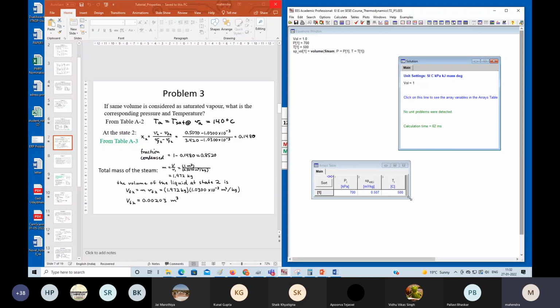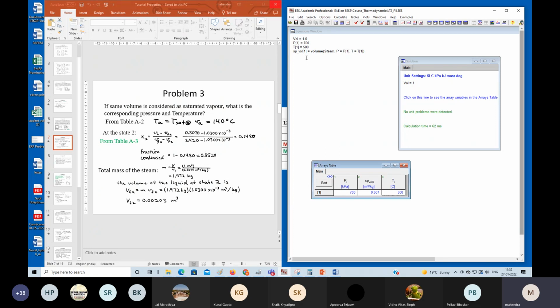What we got, the specific volume is 0.507 at that location. Even this is from the table, 0.507. Now we need to calculate specific volume at 2.